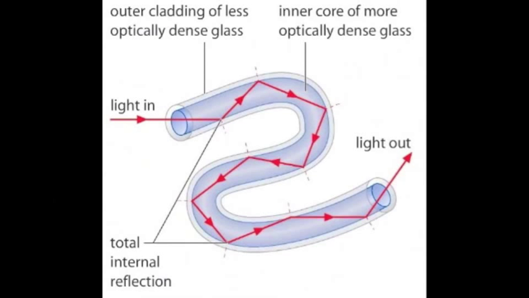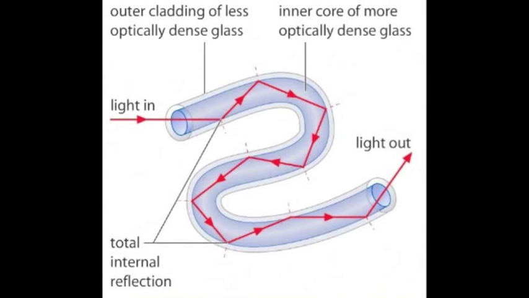The light travels down the optical fibers by total internal reflection. The optical fibers are made of 2 layers of glass of different densities. On the inside there is high-density glass, surrounded by an outer cladding or coat of low-density glass. The light hits the boundary between the 2 layers above the critical angle, and so is reflected back.